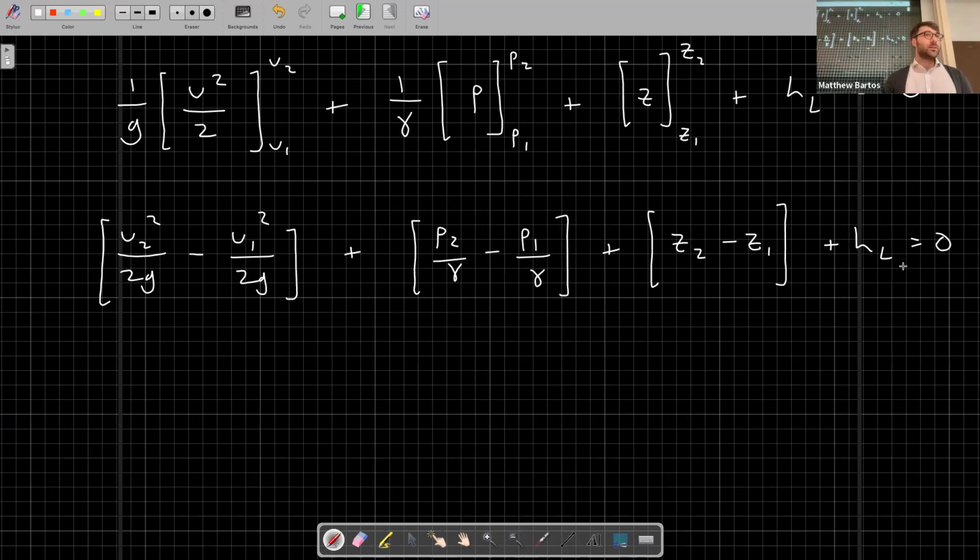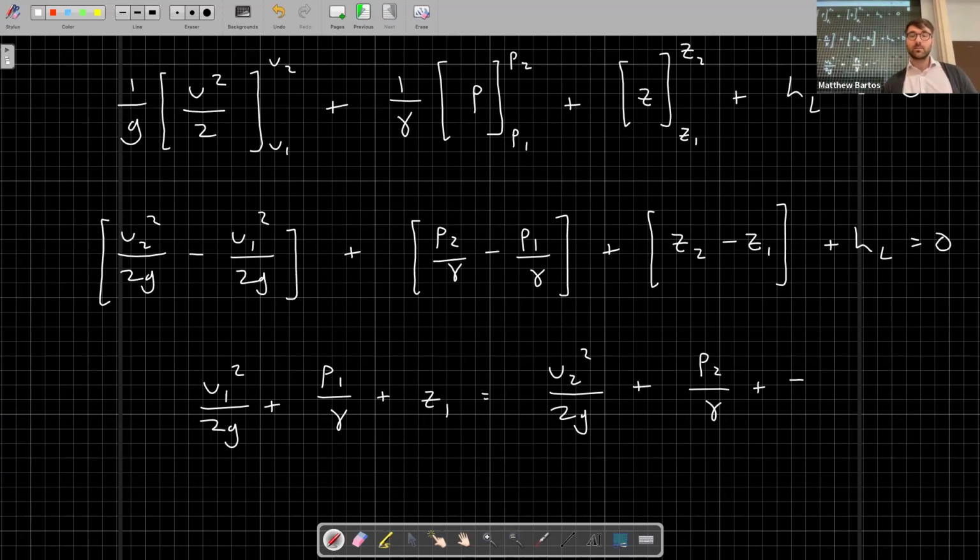This probably looks familiar at this point. We can rearrange it. I'm going to just put all the 1 terms on one side and all the 2 terms on the other side. And what we'll end up with is the following: u1 squared over 2g plus p1 over gamma plus z1 is equal to u2 squared over 2g plus p2 over gamma plus z2 plus the head loss.